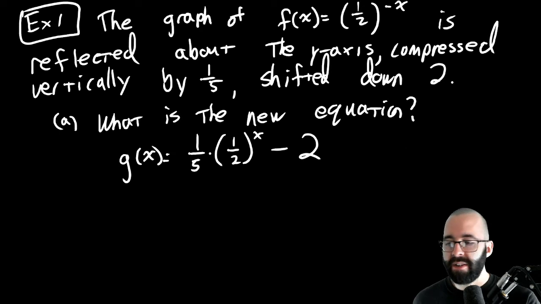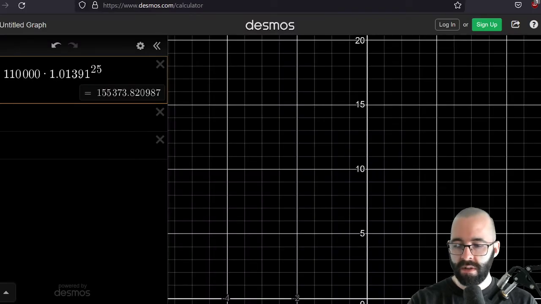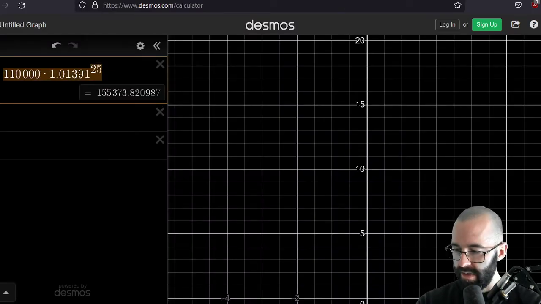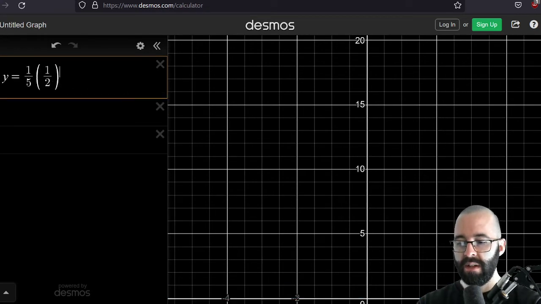But the fact of the matter is, I'm okay with you guys graphing this on Desmos. So let's do that. Get a visualization here. This is going to be y equals 1/5 times 1/2 raised to the x minus 2.